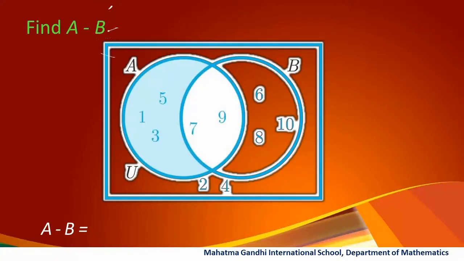So 1, 3 and 5 are the only elements which belong to A but not to B. 7 and 9 belong to A but also belong to B. So 7 and 9 will not come in this set A minus B. So A minus B is the set 1, 3 and 5 only.